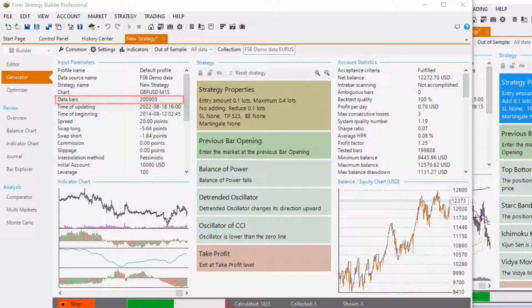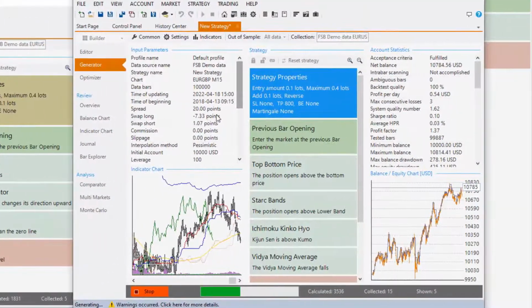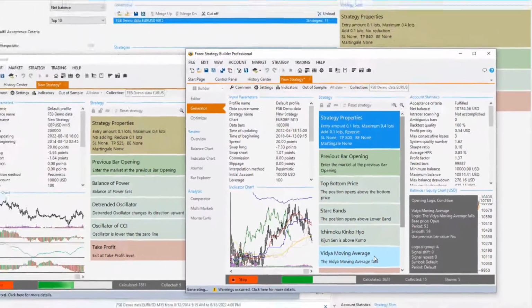I have already 1,827 strategies, and for the euro pound, where I lowered the data bars to 100,000, I already have 3,548,950 strategies, right? Even I started this generator later than the one for the pound dollar. One more time, when the generator uses lower number of bars, it calculates bigger number of strategies.